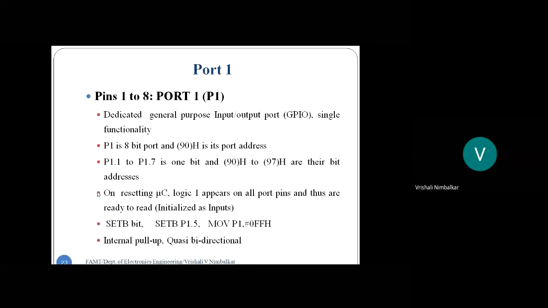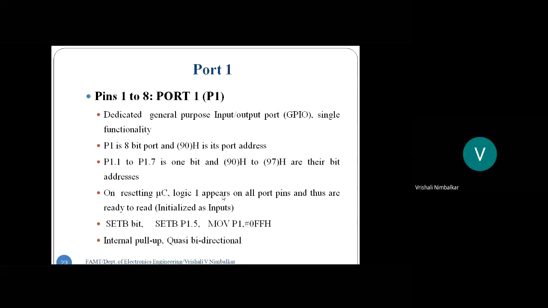Okay, so if it is 1 bit, P1.1, P1.2 up to P1.7, whereas the addresses 91, 92 up to 97 hex are the bit addresses. Okay, and whenever the microcontroller is reset, again like port 0, logic 1 will appear on all the port pins, on P1.1, P1.2 up to P1.7.